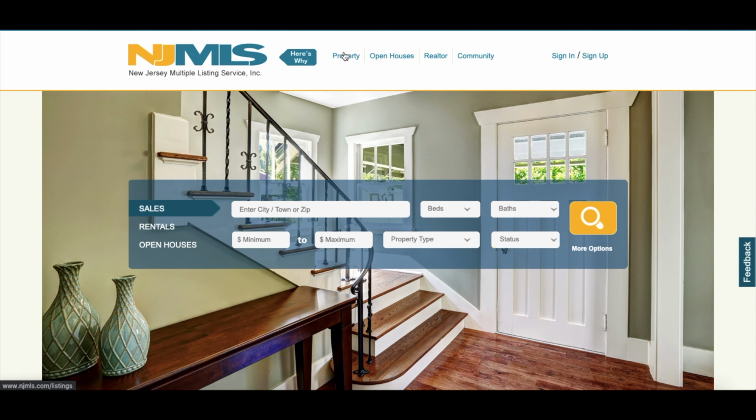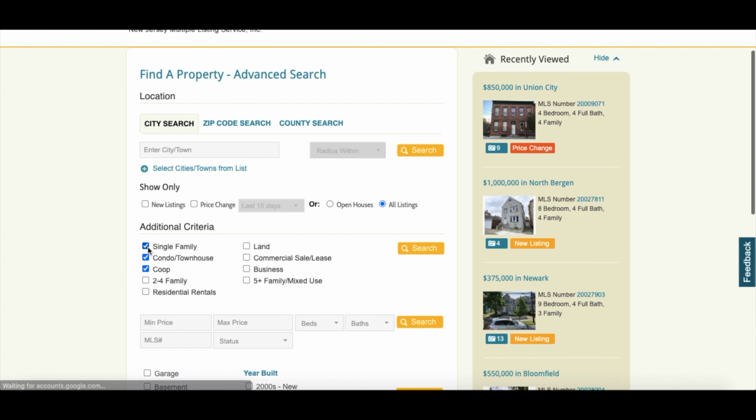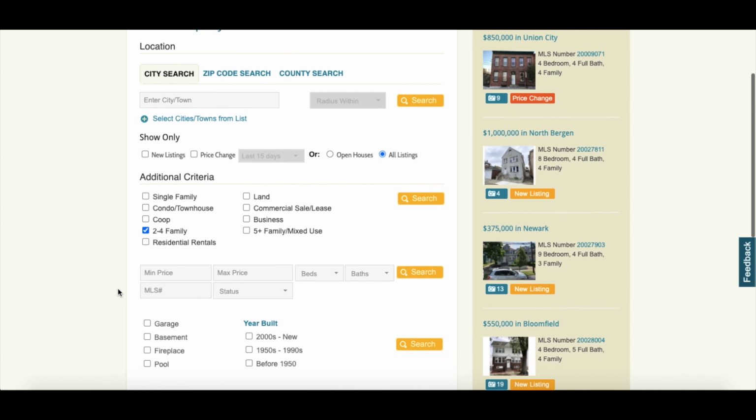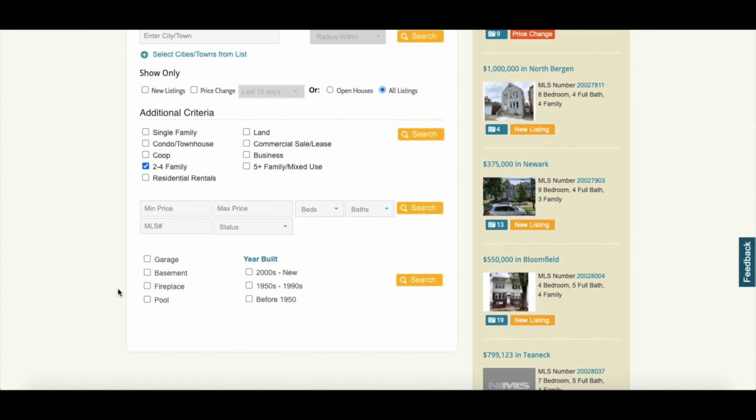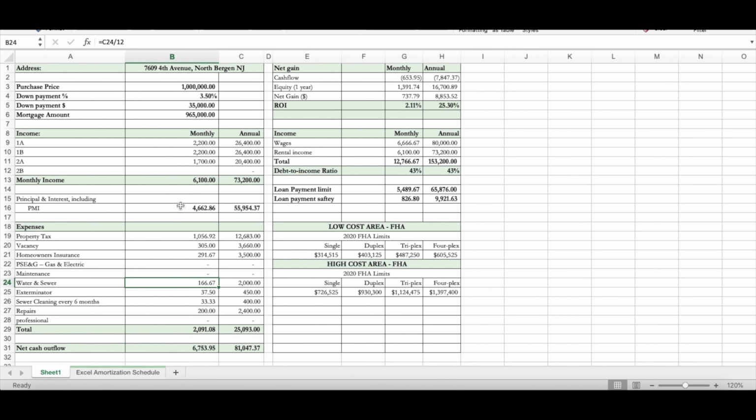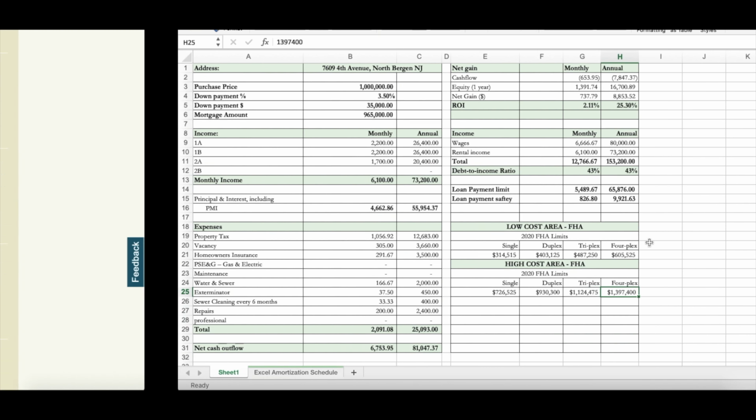But here we go. We're going to look at properties which are within this criteria of 2 to 4 family. And FHA, we're going to be looking more so at 3 to 4 units. So FHA loan limits, the triplex has to be at least worth $500,000, and the loan amount has to be $487,000, and for a fourplex it has to be $605,000 at minimum, and at maximum $1.1 million to $1.4 million.